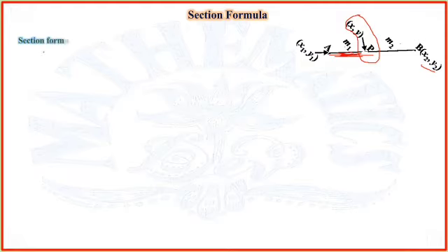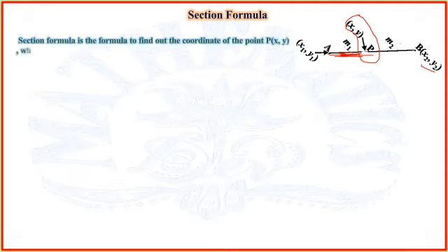So section formula is the formula for finding the coordinates of the point P, that is x, y, when point P divides the line segment AB in the ratio of m1 and m2.